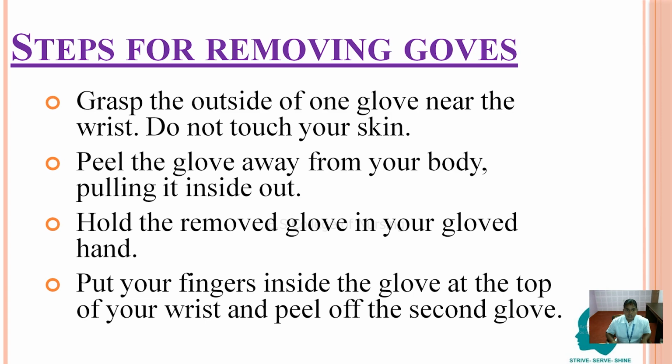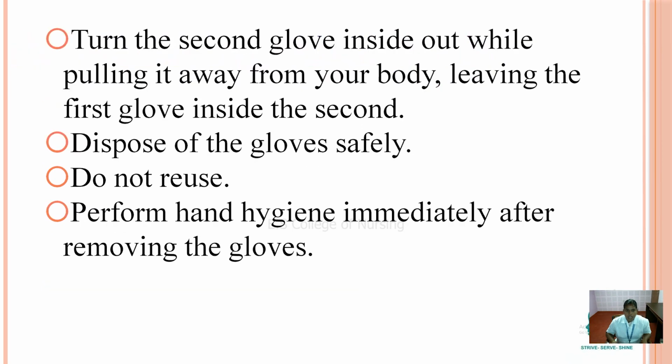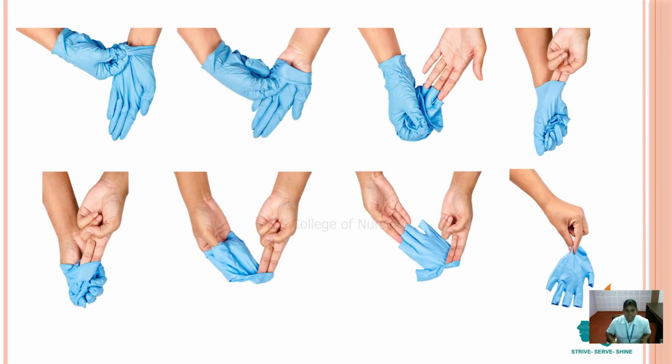So the steps for removing gloves. I will show the picture. So these are the steps for removing the gloves. First, grasp the outside of one glove near the wrist. Do not touch your skin. Second, peel the glove away from your body, pulling it inside out, and hold the removed glove in the gloved hand.